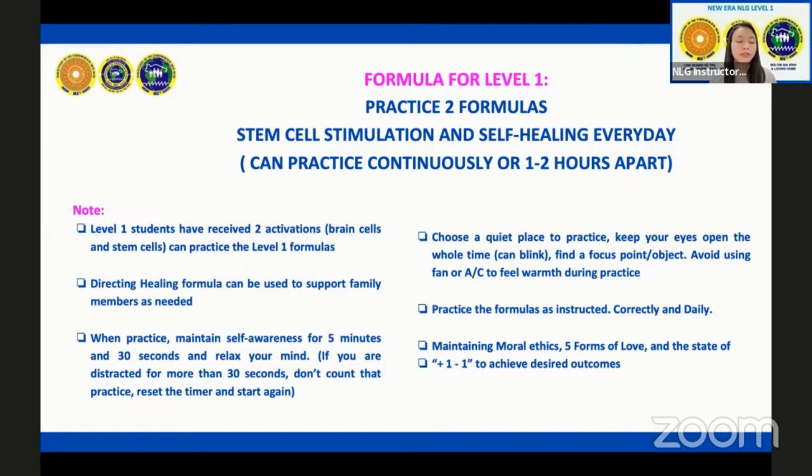So when you practice, you know that you're practicing, and you won't let anything in the immediate surrounding environment affect you. So that's something to keep in mind.